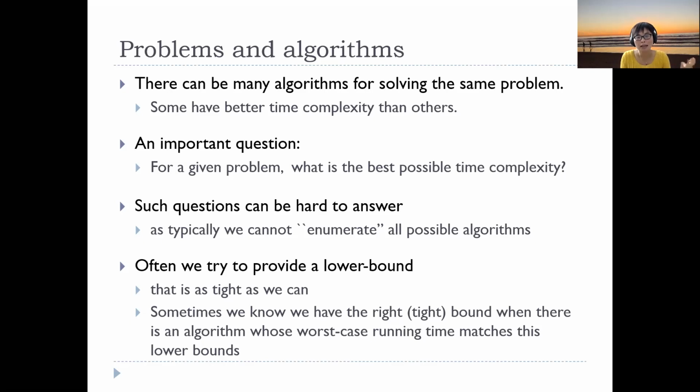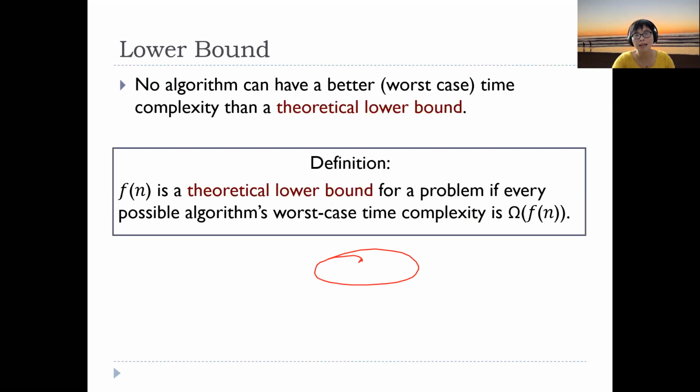This is a correct statement, and this constant running time is a so-called lower bound, because any algorithm for sorting has to take at least this much, at least constant. That's why it's called a lower bound. So constant is a valid lower bound for sorting, though of course in this case it's a very boring and not very meaningful lower bound.